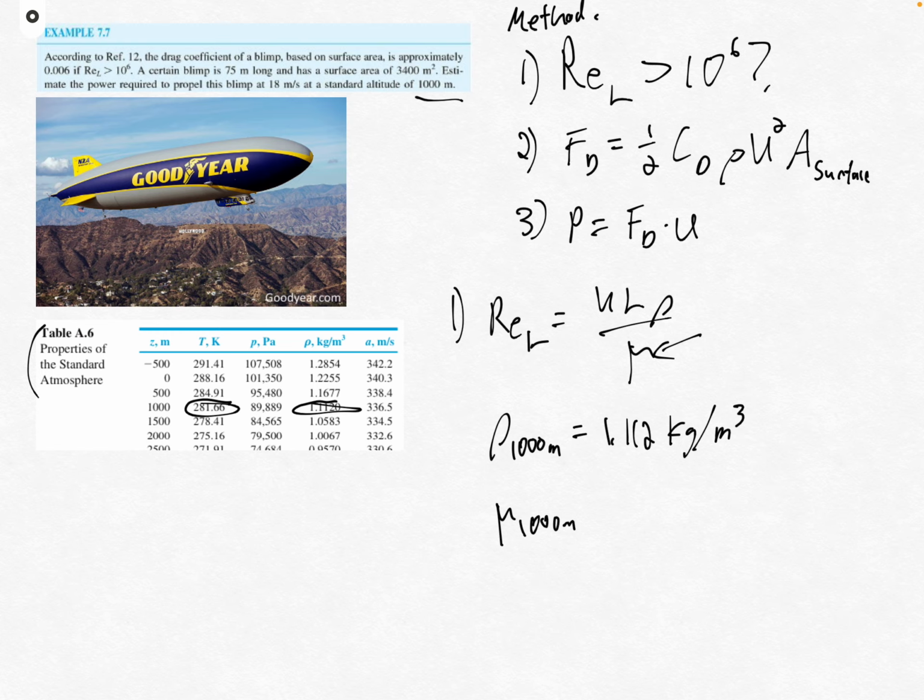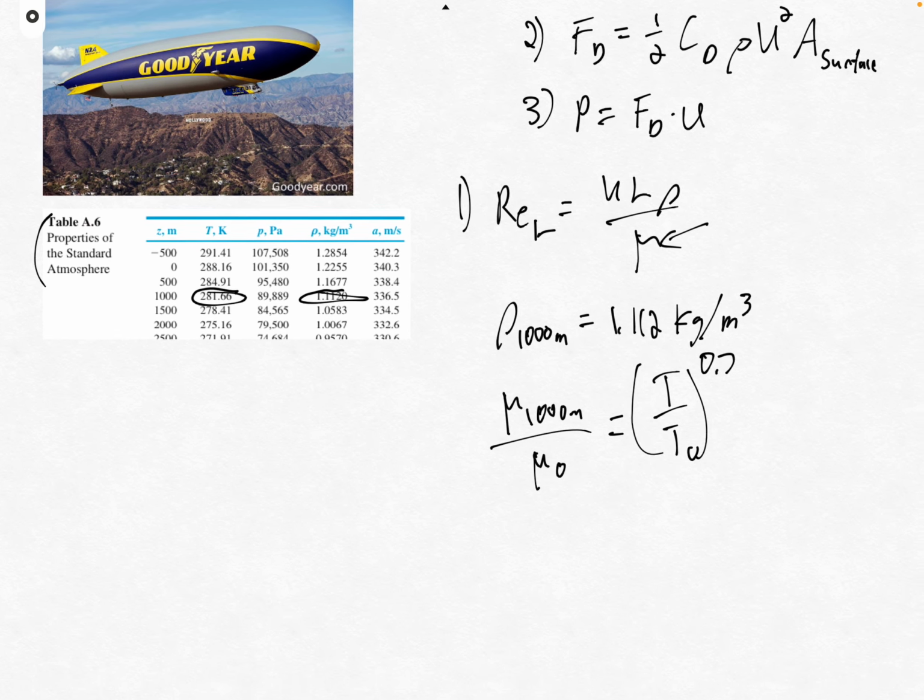For this, if we look also in the back of your textbook, just below Table A2, there's a summary of suggested laws to use for estimation of properties for air. It states that mu over mu naught is equal to T over T naught to the 0.7, where mu naught is our viscosity at room temperature.